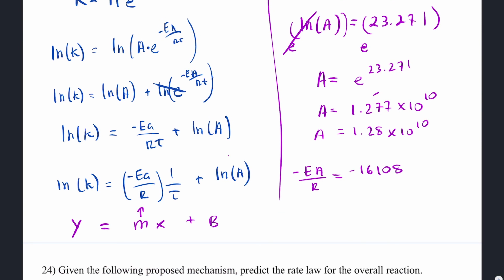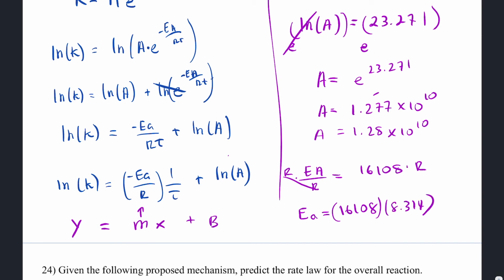Remember, we're solving for EA. These negatives are going to cancel each other out, and multiplying both sides by R, these cancel. My EA is going to be equal to 16108 times R, and remember that R does have a value, the 8.314 value.